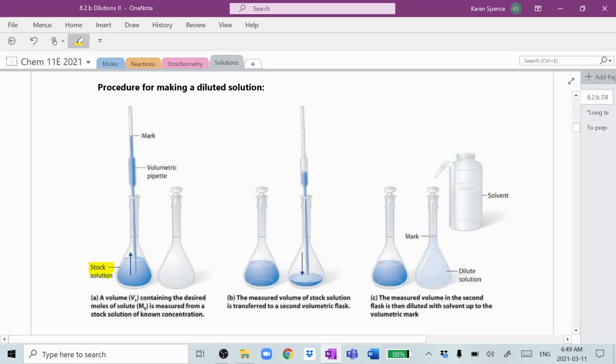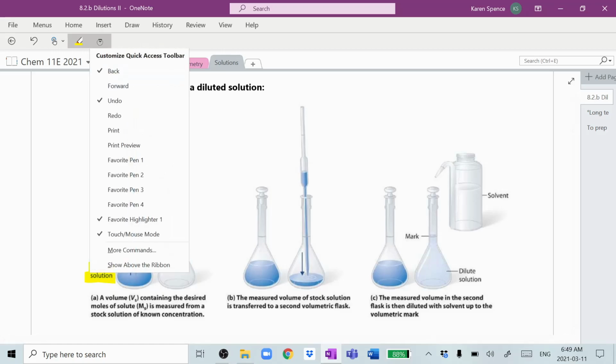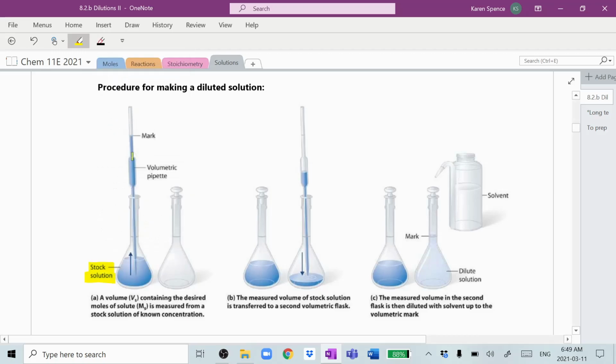Okay, so you'll take some of the stock solution and fill the pipette to the mark of whatever volume you need. If it's too big for a volumetric pipette, maybe you will use a graduated cylinder instead, but that's okay.